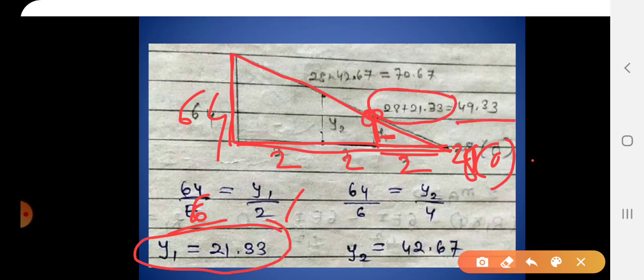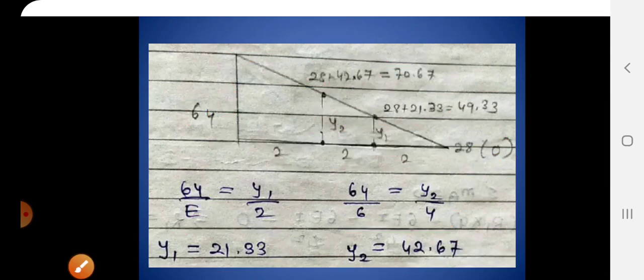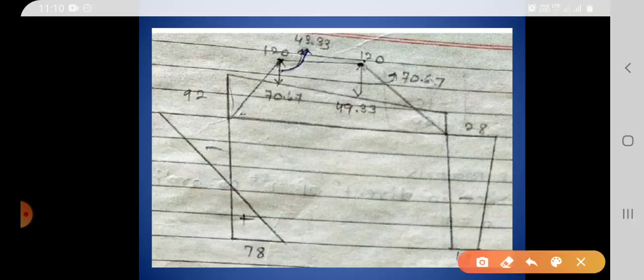Okay, 49.33. And then again on similar lines we can find the value of y2. Yes, 64 upon 6 equal to y2 upon 4. Using the property of similar triangles, you will get y2, and this ordinate will be 28 plus y2, that is 70.67, and I have plotted here 70.67, 49.33.